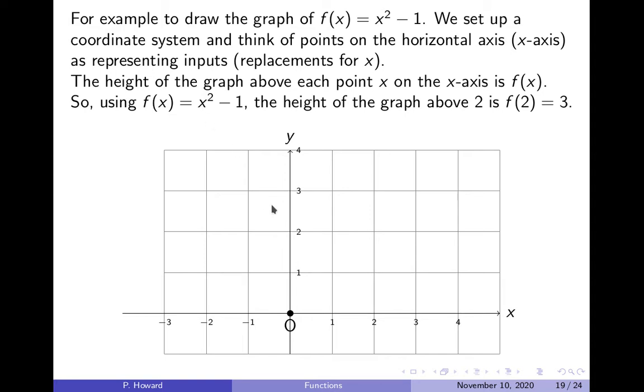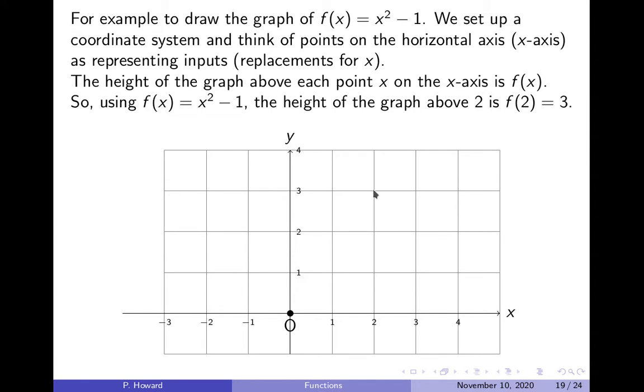Okay, so here's a graph with nothing really drawn on it other than the coordinate system at this point. So we're thinking of the number 2 here on the x-axis as being an input, and the height of the graph of the function f above 2 will be 3.